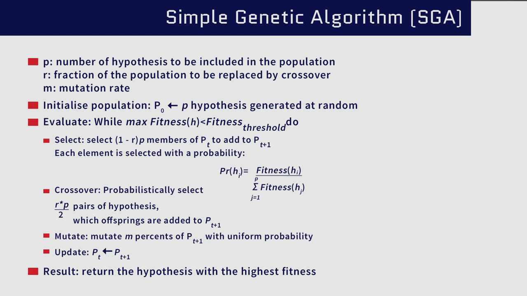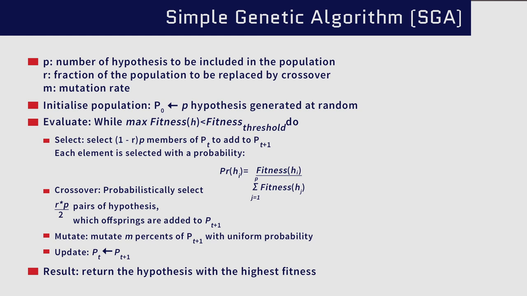Then we enter a loop. While the maximum fitness of the current population is not above a certain threshold, or the ending condition is not met, we keep executing the loop. For each iteration, we select 1 minus R times P members of the current generation, Pt, where t is the generation counter, and you add them to Pt plus 1, the next generation.